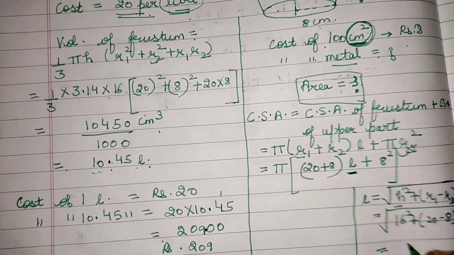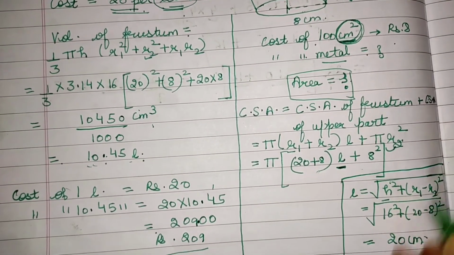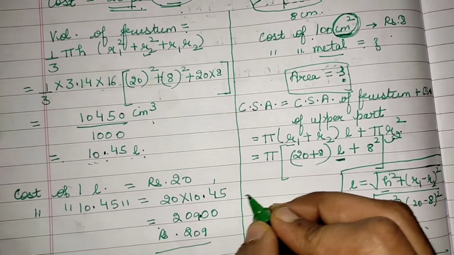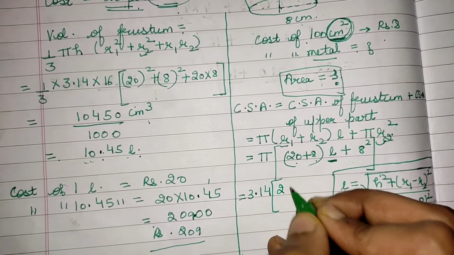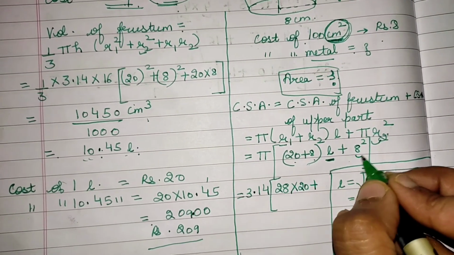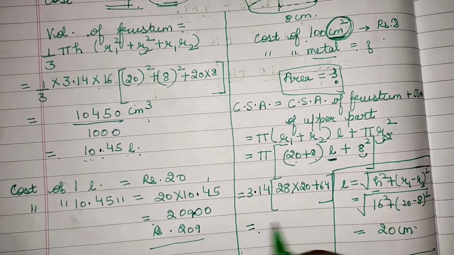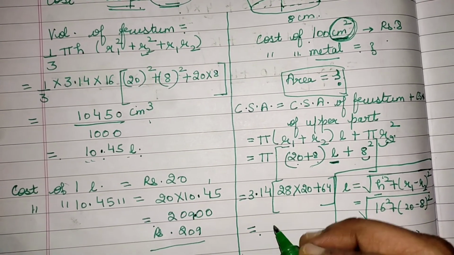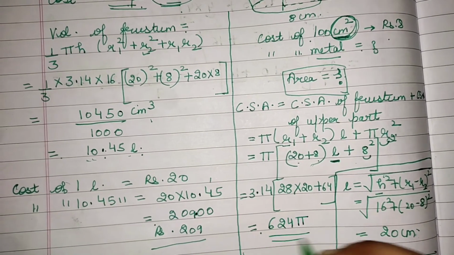After solving, you will get L equal to 20 centimeter. So put the values: pi is 3.14 into 28 into L, which is 20, plus 8 square, which is 64. So you will get the area equal to 624 pi.